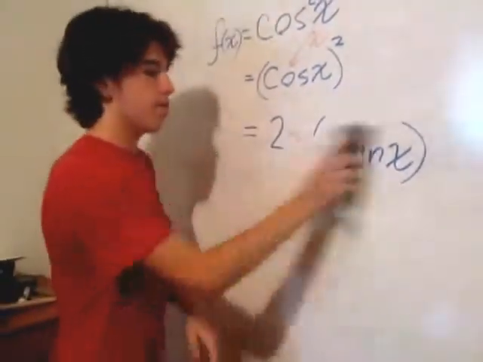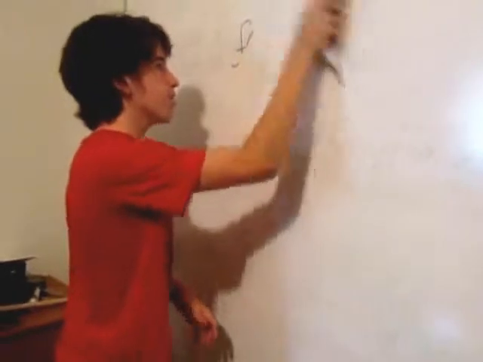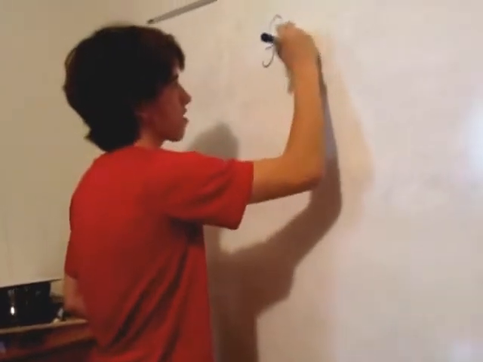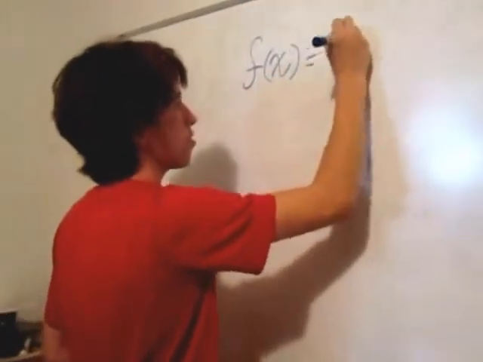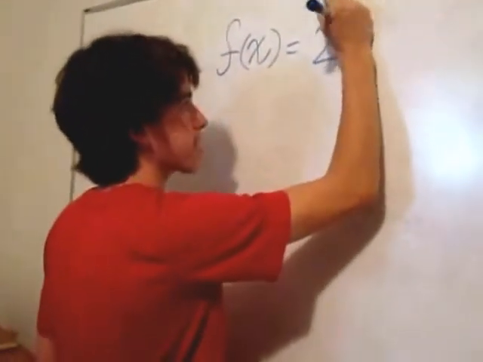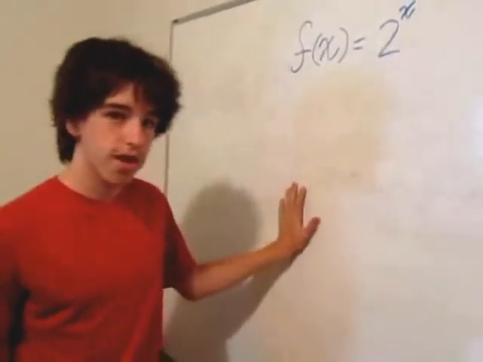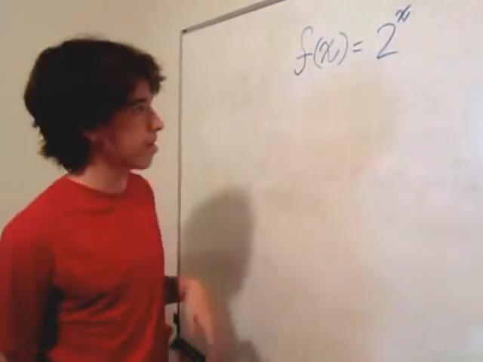Now what if we have something a little bit trickier? What if we have f of x is equal to 2 to the x? Alright, this one's a little bit weirder, but we can use a logarithmic property to simplify it a little bit.